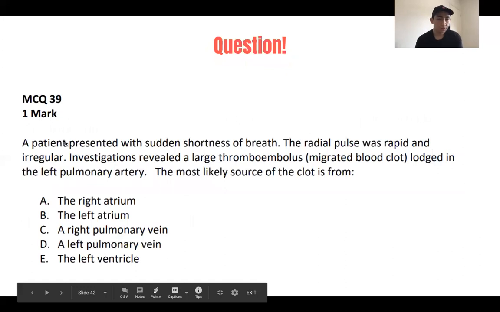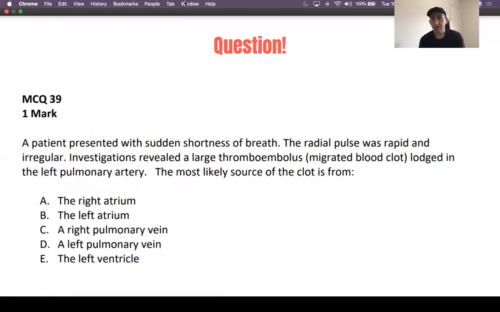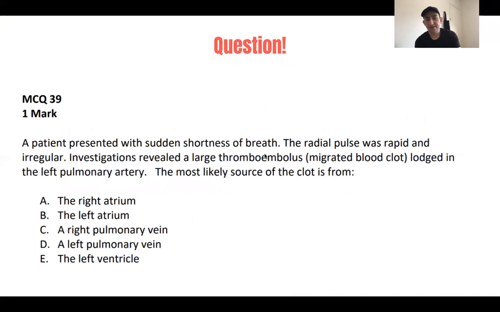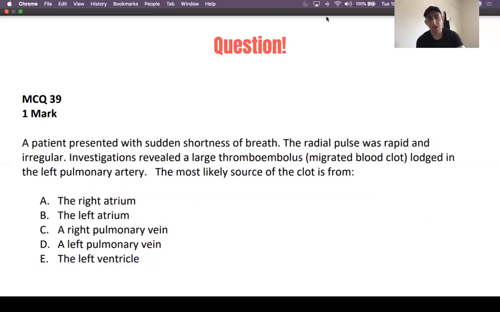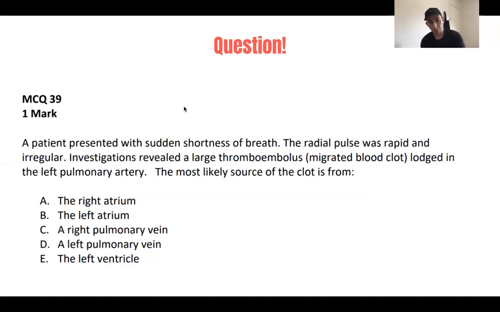Cool. A patient presented with sudden shortness of breath. The radial pulse was rapid and irregular. Investigations revealed a large thromboembolus lodged in the left pulmonary artery. The most likely source of this clot is from which of the following chambers of the heart? So what condition has this person had?